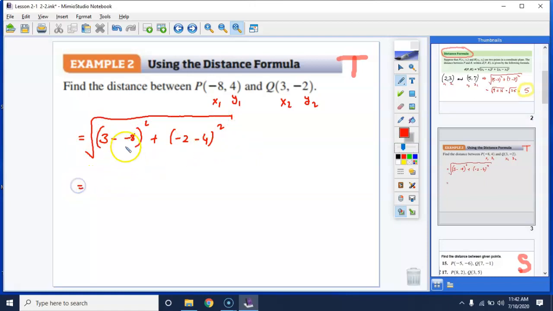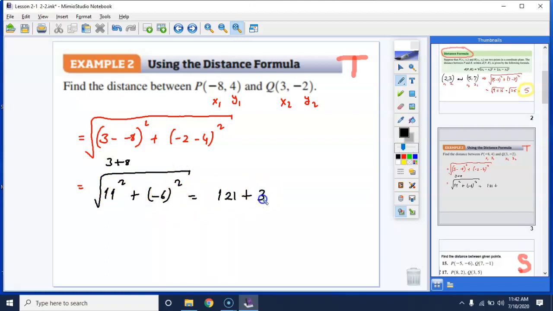So I want you to see that 3 minus negative 8 should be 3 plus 8, right, which is 11. So this one should be 11 squared plus this part, negative 6 squared. Here we are. So 11 squared should be 121, and this part should be 36.